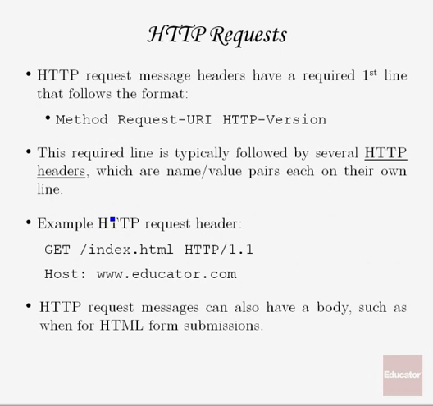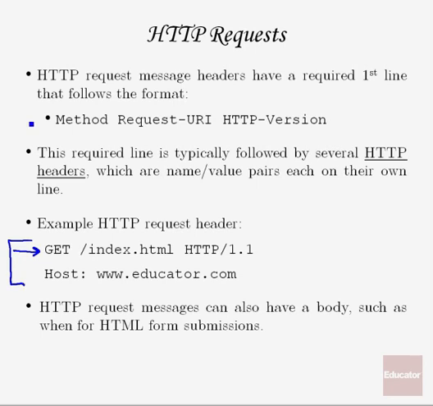So as far as HTTP requests go, that's the message that your client sends to the server when it wants a web page. There's a required first line in an HTTP request, and this right here is an example of what the header of an HTTP request looks like.